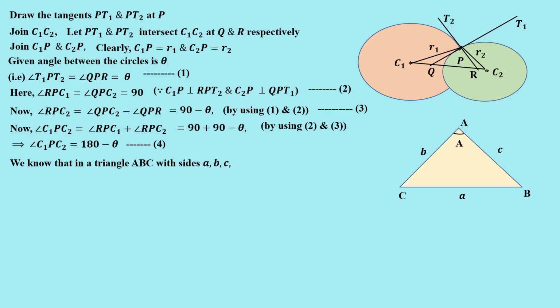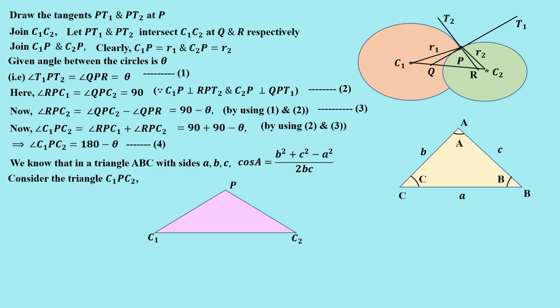Let the angle at vertex A be A, at vertex B the angle is B, and the angle is C at vertex C. We know the formula cos A is equal to (b square plus c square minus a square) by 2bc. So we are using the triangle C1PC2. So this is R1, this is R2, this is the angle 180 minus theta. So we are going to use this formula.